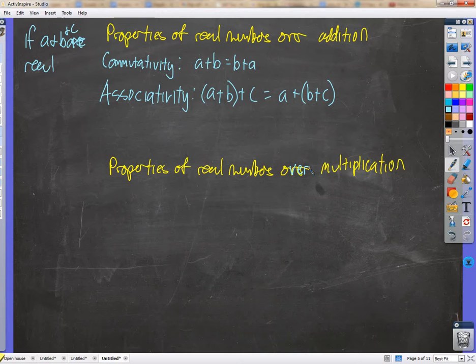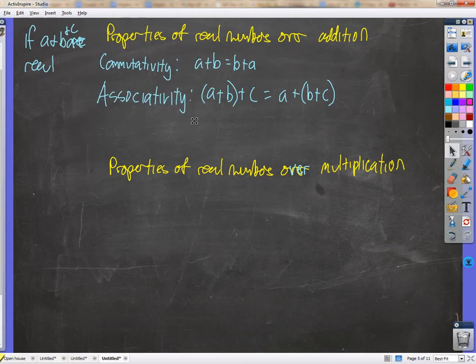You have to find them by multiplying two numbers together, getting the result, and multiplying it by the third number. So we have to draw our attention to two numbers, and whether we do these two first and bring in the third, or do these two first and make this the third one, it doesn't make a difference. They're the same thing. For multiplication, it's similar. Multiplication has commutativity and associativity as well.